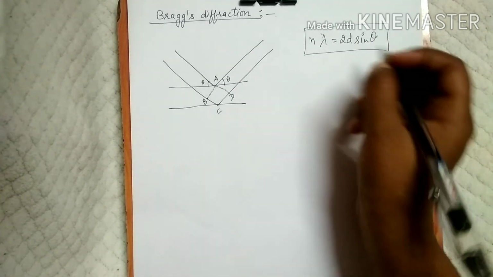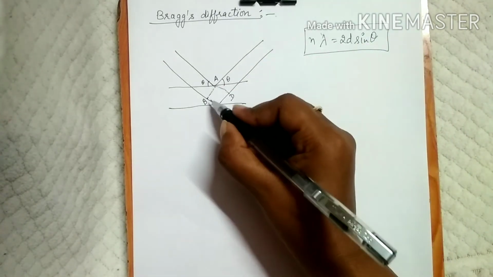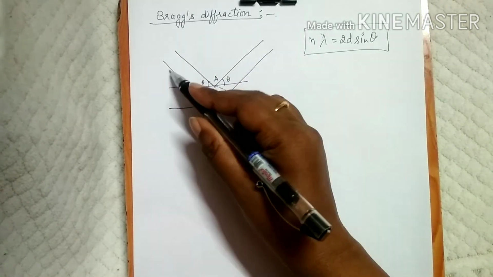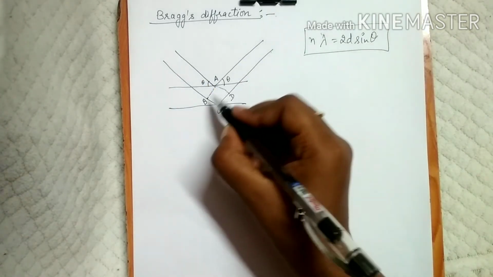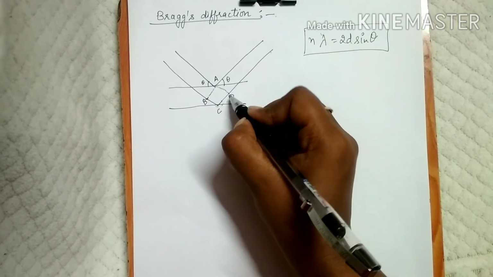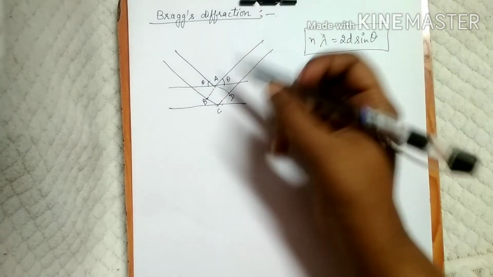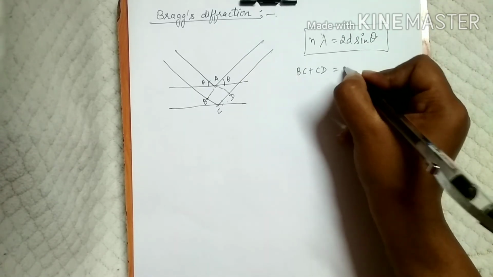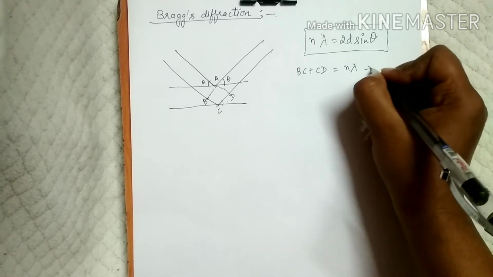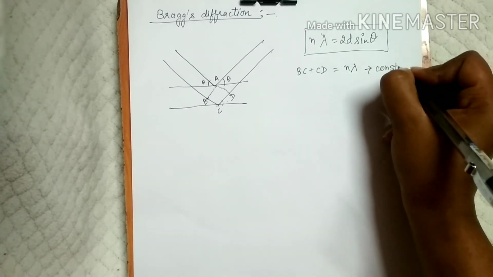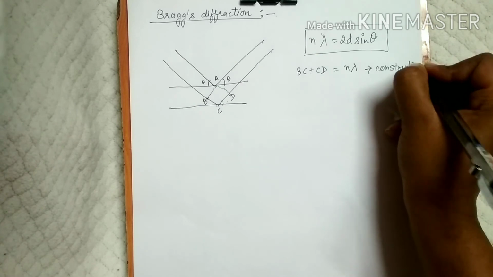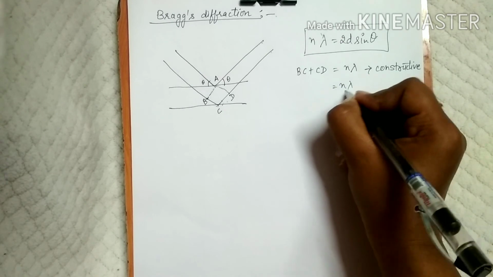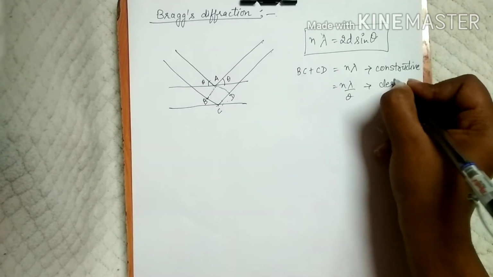If you look closely, this ray is traveling an extra distance of BC plus CD as compared to this line. If this extra distance BC plus CD equals n lambda, then this is constructive diffraction, and if it is n lambda by 2, then this is destructive.